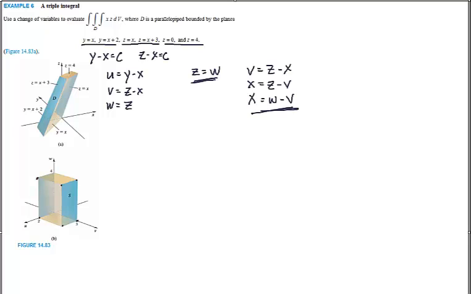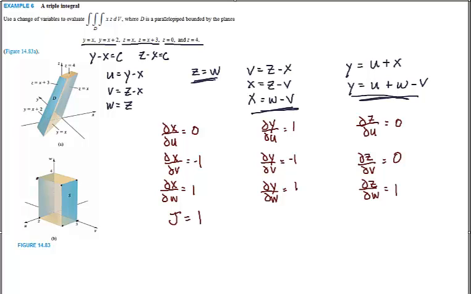For my y, y is equal to u plus x. I know the x is w minus v, so that's going to be my y equation. And now I'll need my Jacobian, so I'm going to have to get all of those partials.